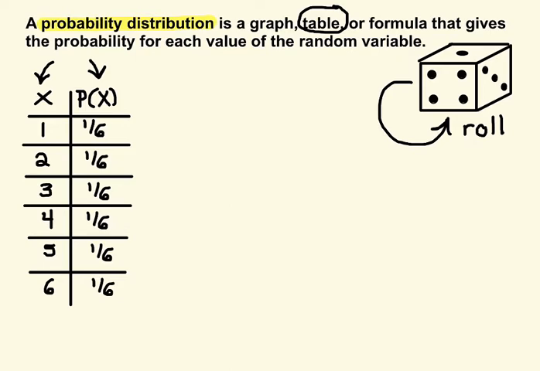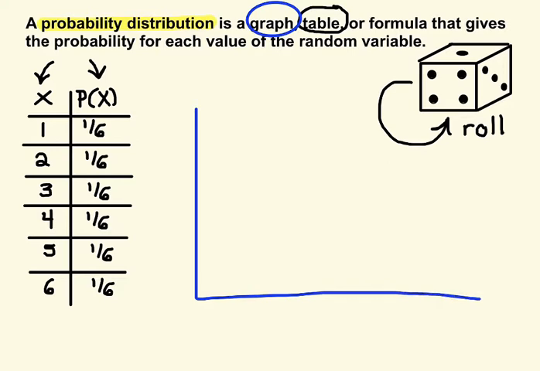Now, what I'd like to do now is create a graph that will represent a probability distribution. Let me do this in a different color. So in blue, we'll make a graph that will represent the probability distribution for rolling a die. So our y-axis represents the probability, and our x-axis represents the random variable.